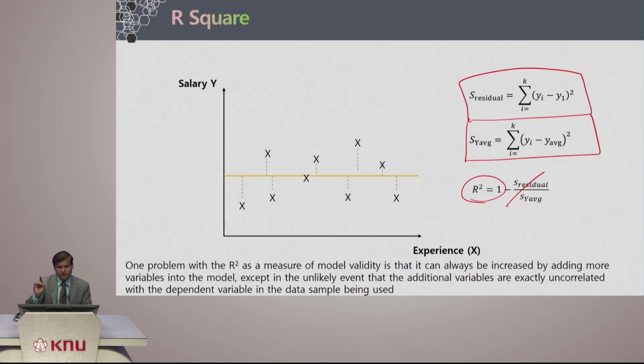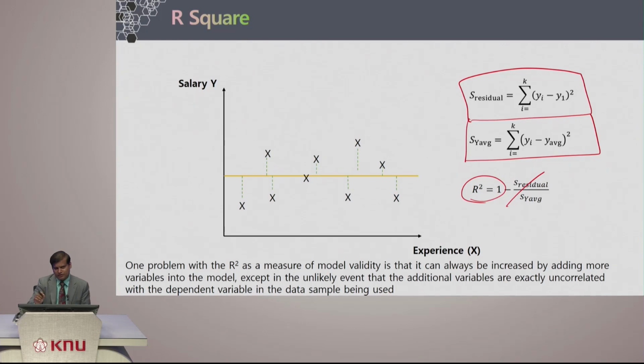One problem with R square as a measure of model validity is that it can always be increased by adding more variables into the model, except in the unlikely event that the additional variables are exactly uncorrelated with the dependent variable in the data being used. So the coefficient of determination, R square, is one of the basic metrics used for evaluating the performance of the regression model.